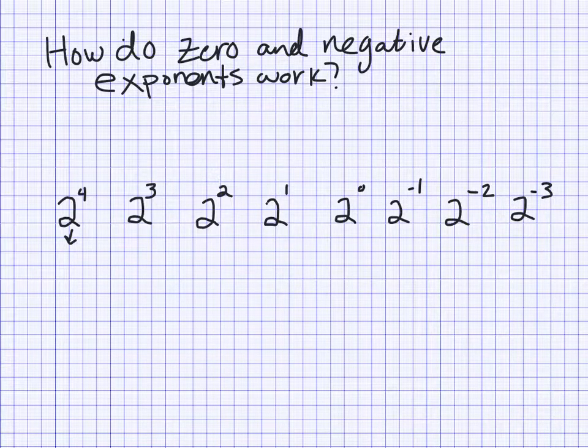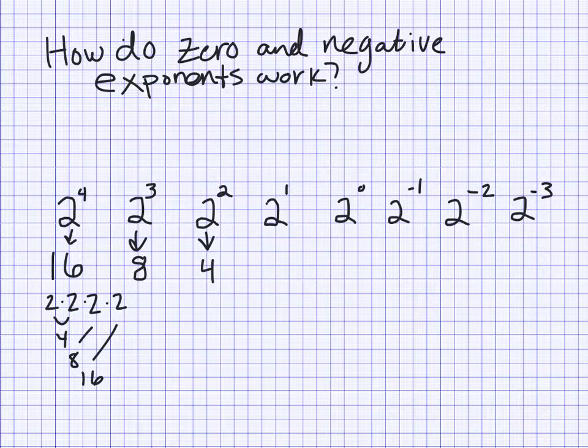Okay, so we know that 2 to the power of 4 is 16, because that's 2 times 2 times 2 times 2, 4, 8, 16. 2 to the power of 3 is 8. 2 to the power of 2 is 4.